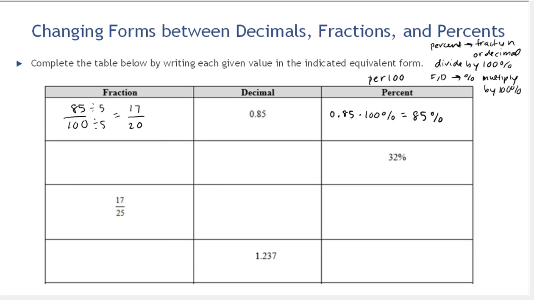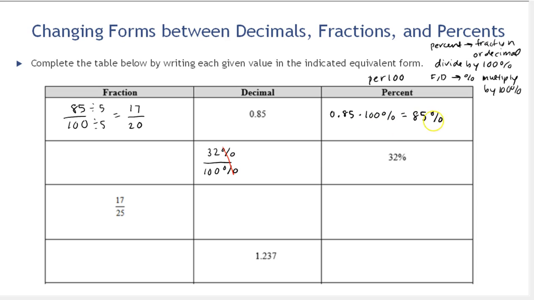Let's look at the next one. We have 32%. So to change a percent to a fraction or a decimal, we're going to divide by 100%. So here, 32% divided by 100%. I'm writing this as a fraction, but remember, fractions can be thought of as division too. The percents cancel, and notice that's a good way to keep track.